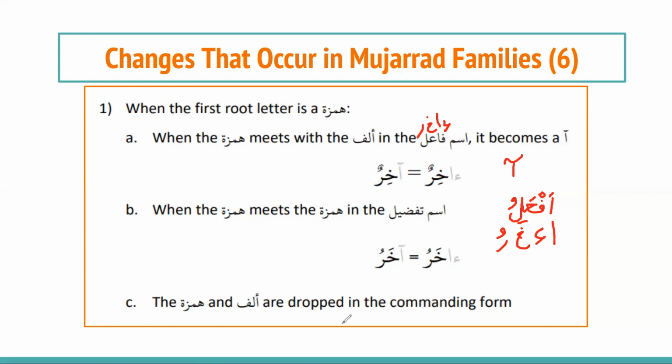And the third change we saw is in the commanding fail, and that is really irregular. In the commanding fail you usually put an extra hamza when you remove the tha, usually in sulasi mujarrad, and then you put the harka of the ain kalma.